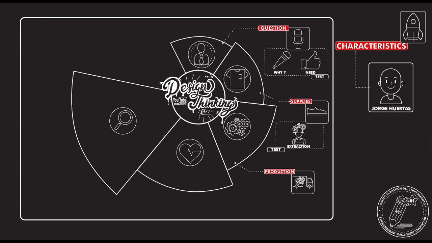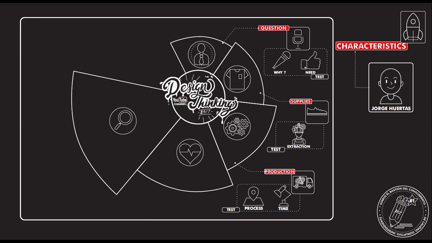Then the production. The production is extremely important because it could have a strong impact on the environment. So you need to know the process to develop your product or your service. You also need to know how much time it will take, because sometimes people believe that designers just sketch and say, okay, this is what it's meant to be, and make the render, but they have no idea where the supplies come from and what the process is to develop all of that.